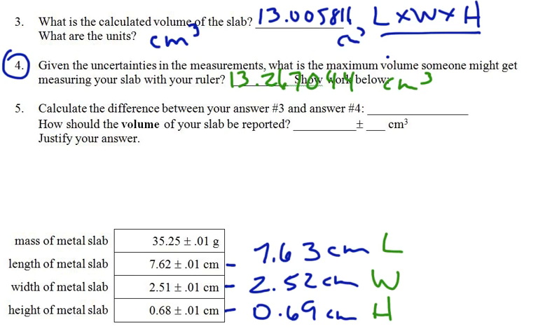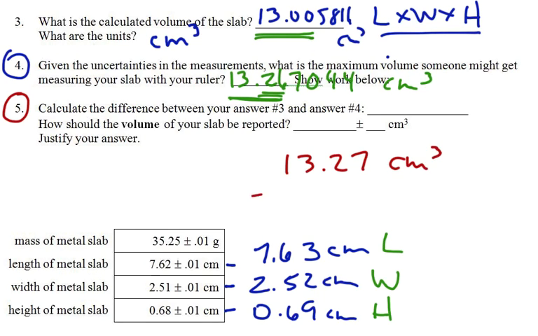We can see that, just by measuring that same slab with the same ruler, we would expect variability everywhere from 13.0 to 13.27. We can round that off. So calculate the difference in the values here: 13.27 cubic centimeters, rounding that off a little bit, we'll subtract 13.00, our original value.